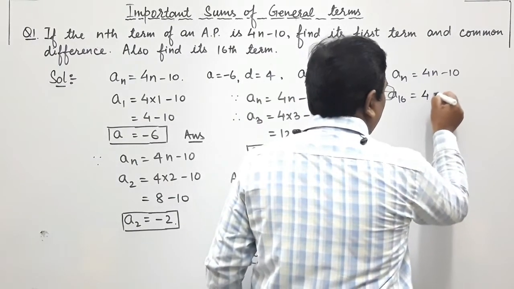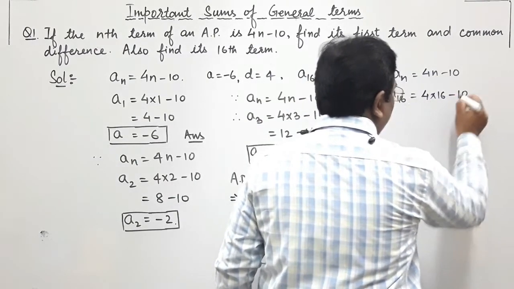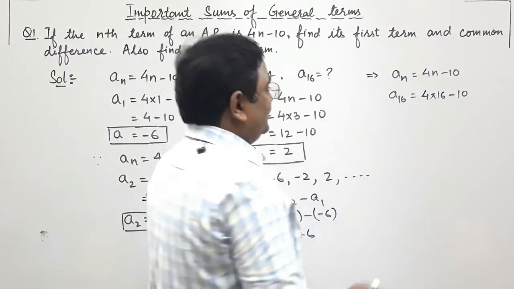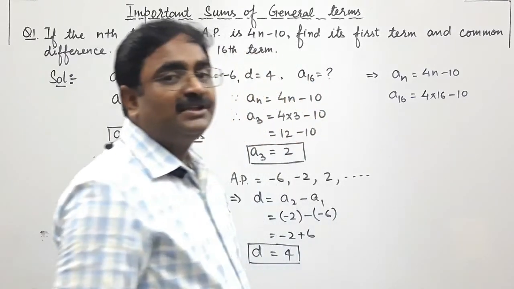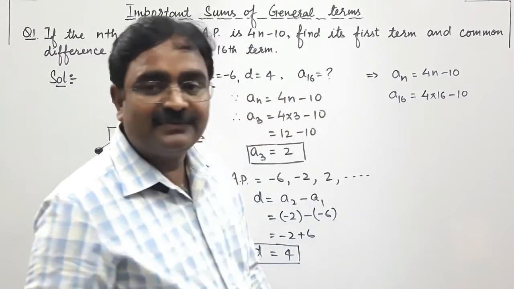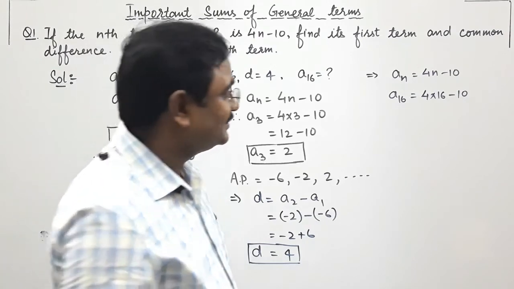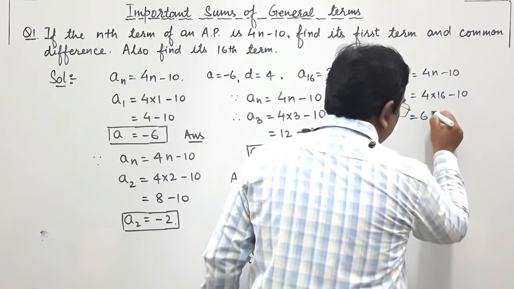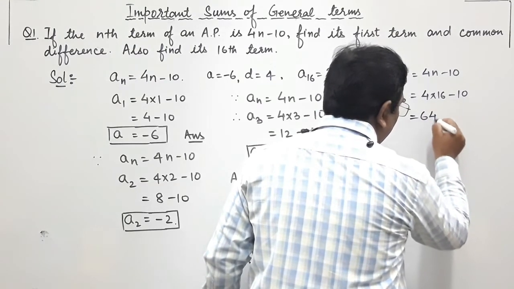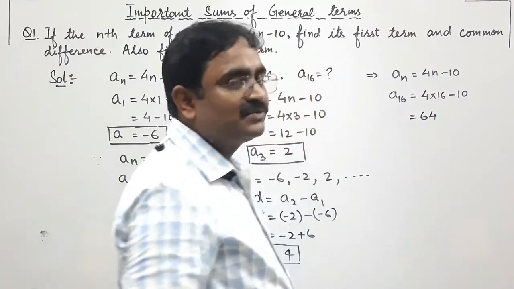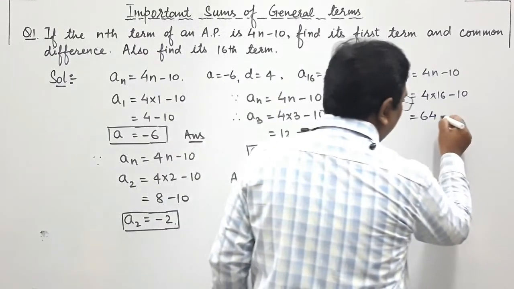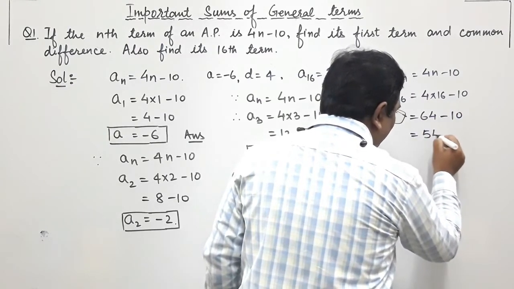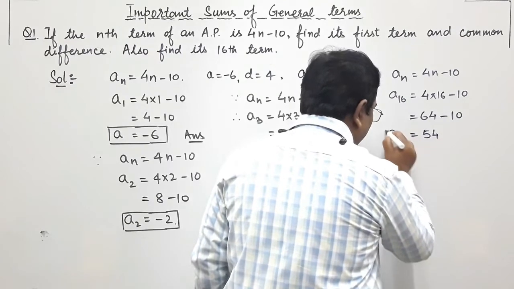So 4 into 16 minus 10. 16 4s are 64: 16 2s are 32, 16 3s are 48 and 16 4s are 64. So 64 minus 10, you will get your answer is 54, that is the 16th term.